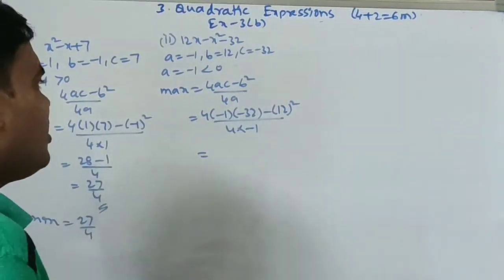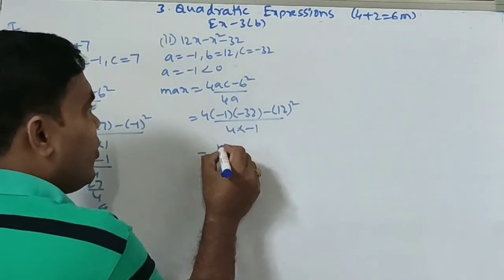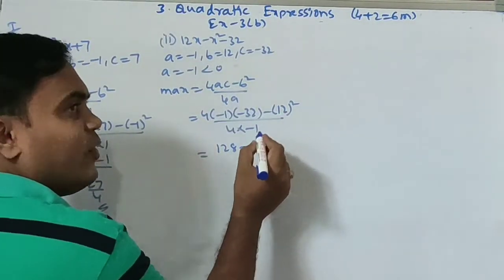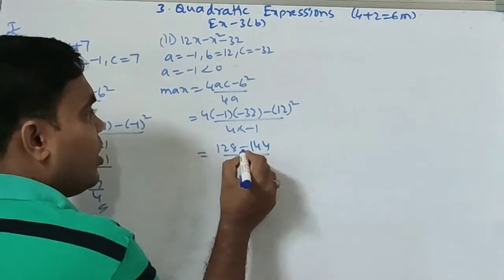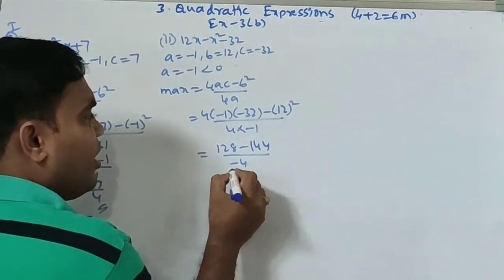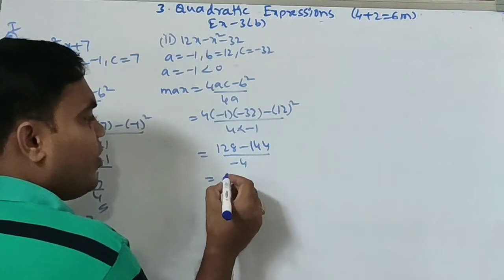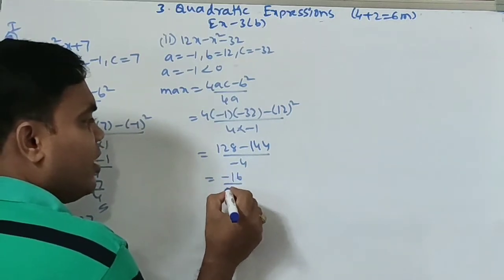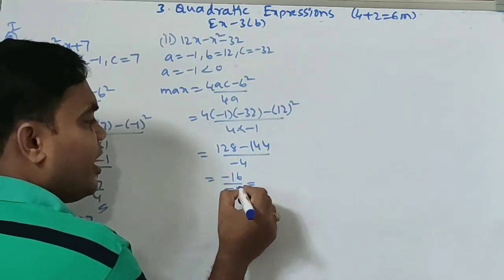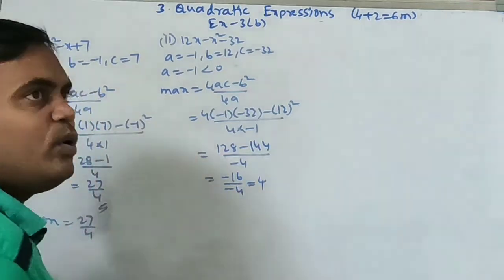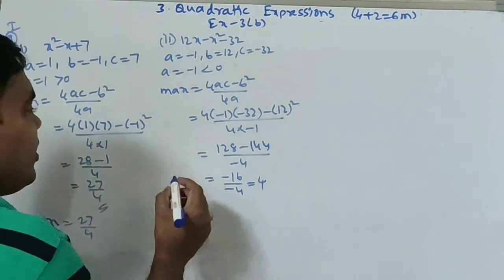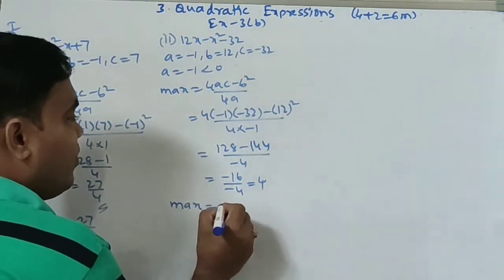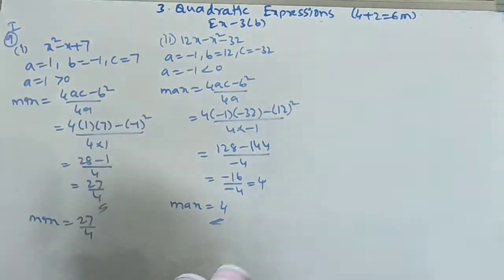Minus into minus is plus, 32 into 4 is 128, minus 12 square 144, by 4 into minus 1, minus 4. 128 minus 144 equal to minus 16 by minus 4. Minus minus cancel. 16 by 4 equal to 4. So this 4 is the maximum value. Maximum equal to plus 4.